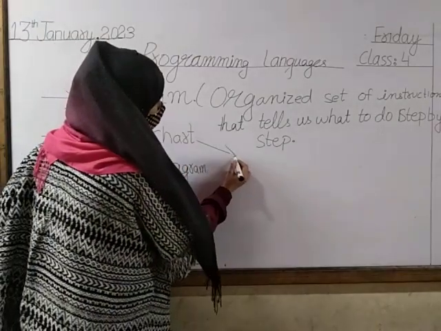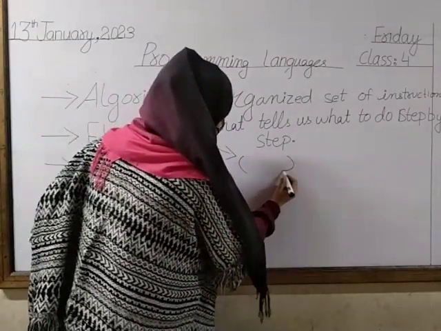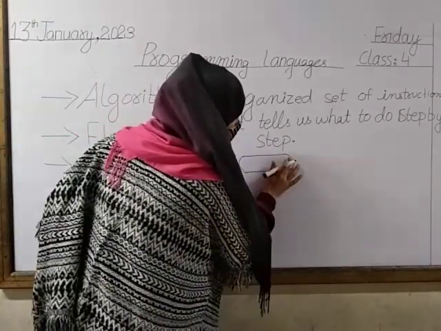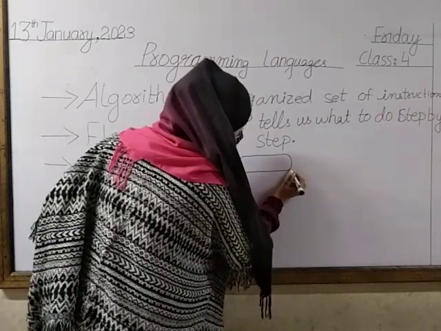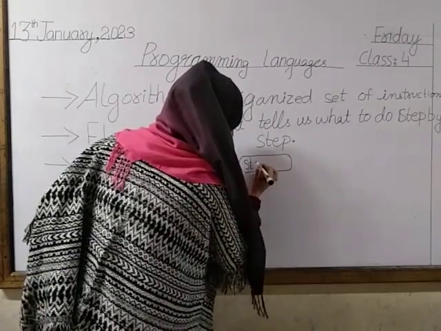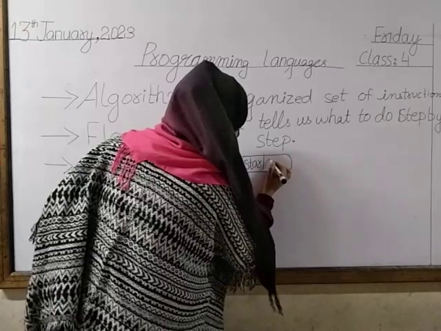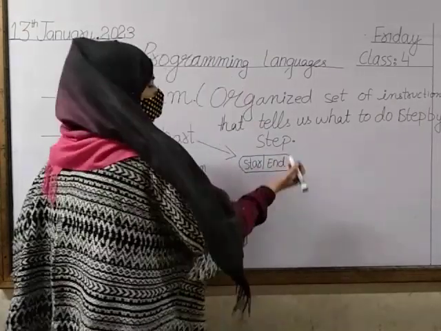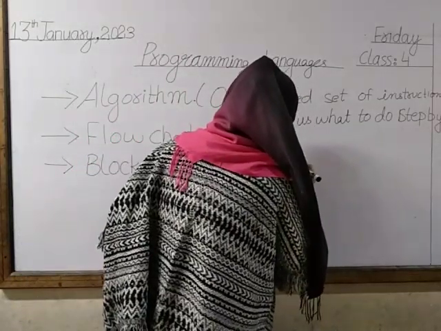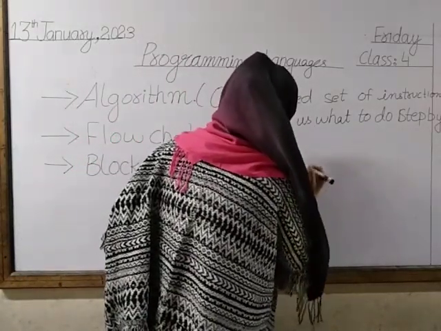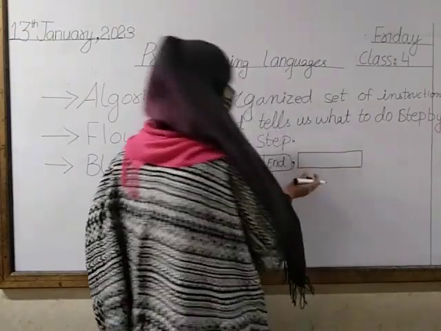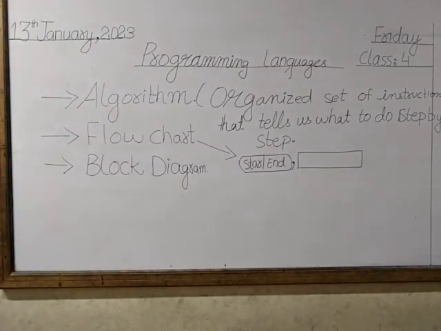The first shape is this, which is used to start or end the program. And for instruction or data, to take the input from user, to show the output or to show the result. For processing, we use rectangle shape.